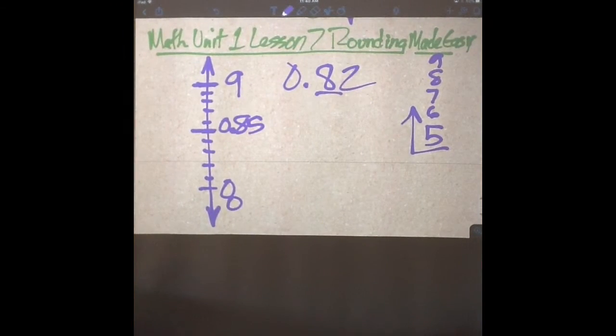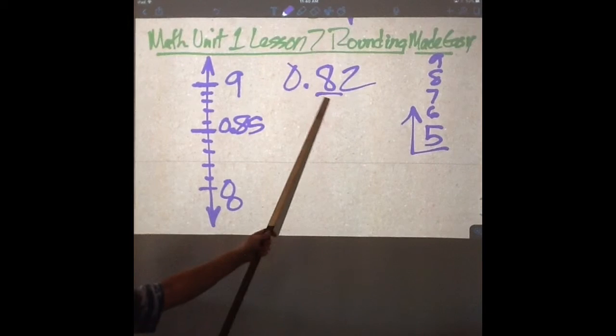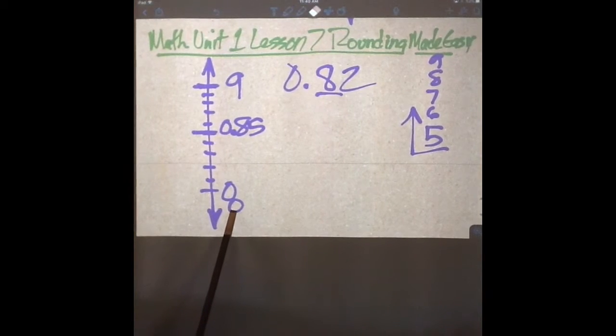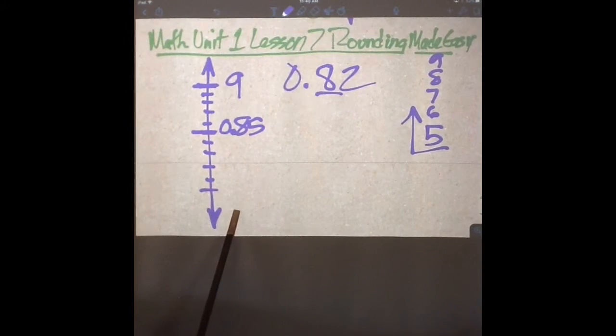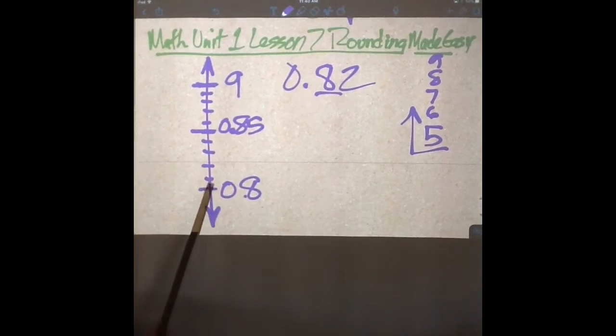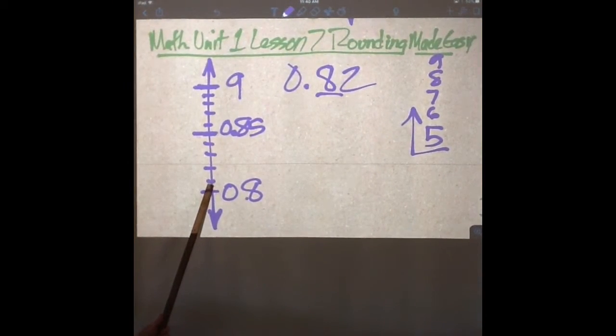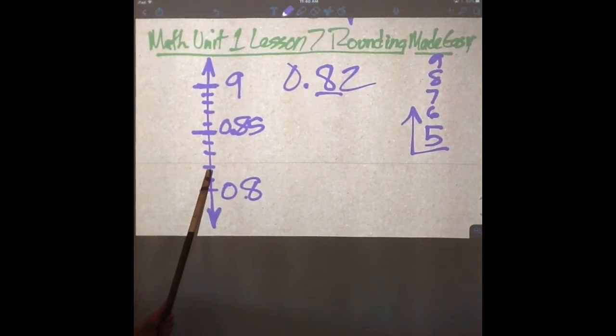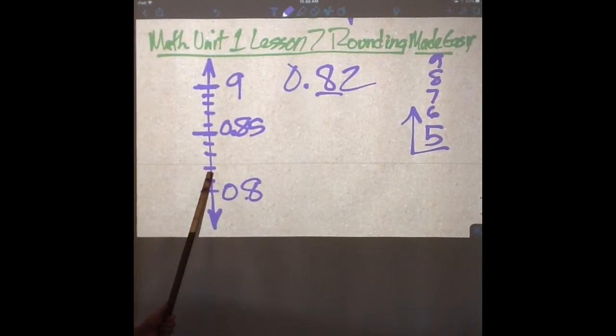Okay. So where do you think this 0.82 is? Well, I guess I should have written it that way, huh? 0.8. If this is 0.8, then this would be 0.81. Say it with me, 0.82. Is that where I want to put my dot, or do I keep counting?